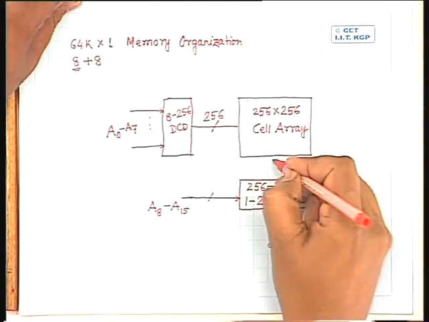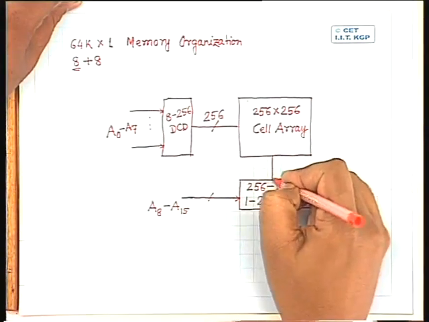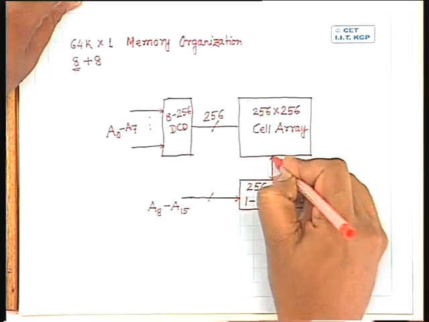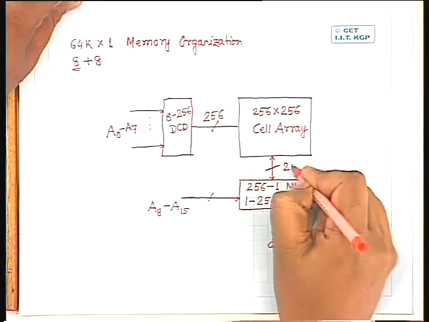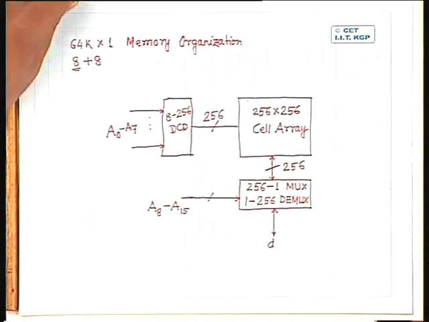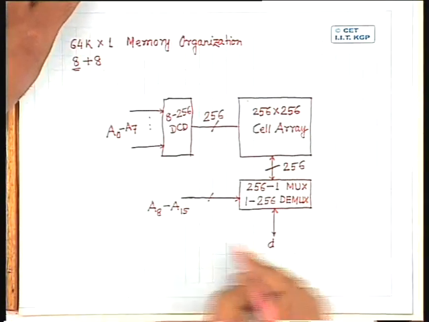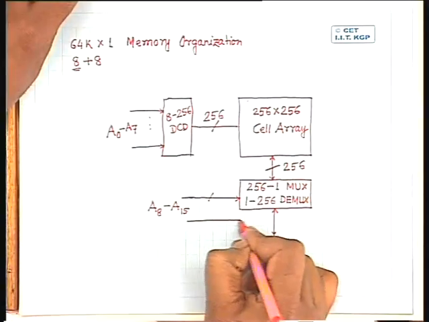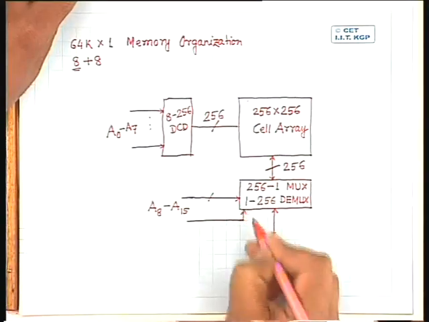Between the cell array and this multiplexer demultiplexer pair, I have 256 lines. Now, in addition to these address lines, I also have to have control signals like read write bar.